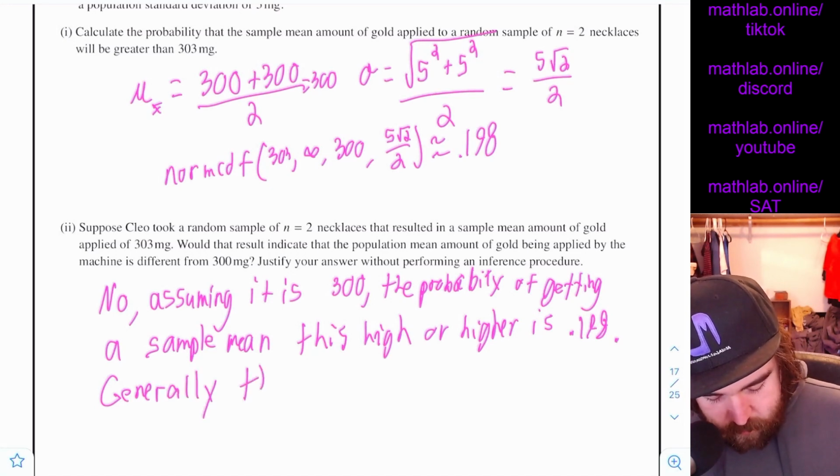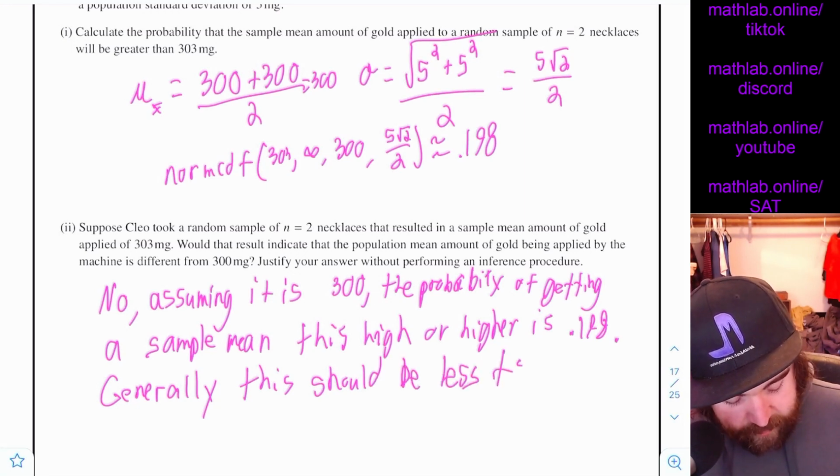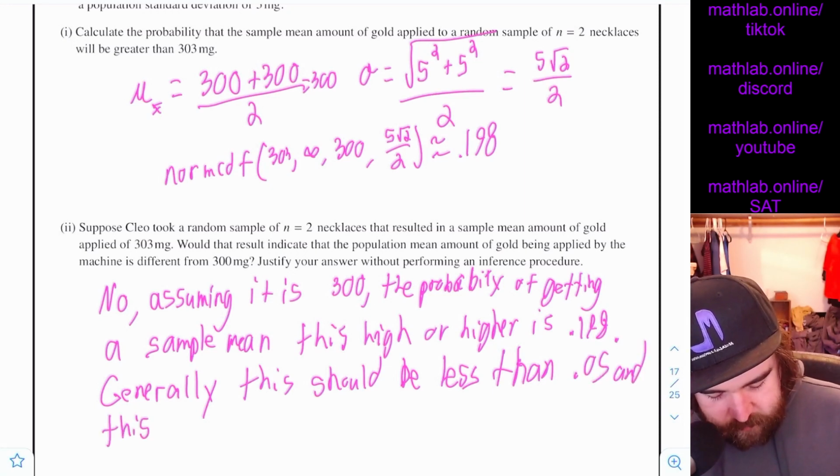Generally, this should be less than 0.05, and this is much higher.